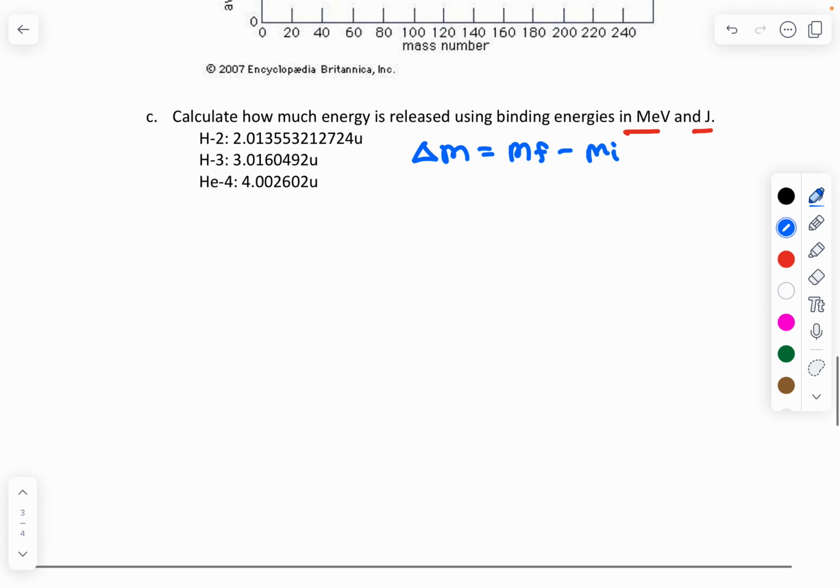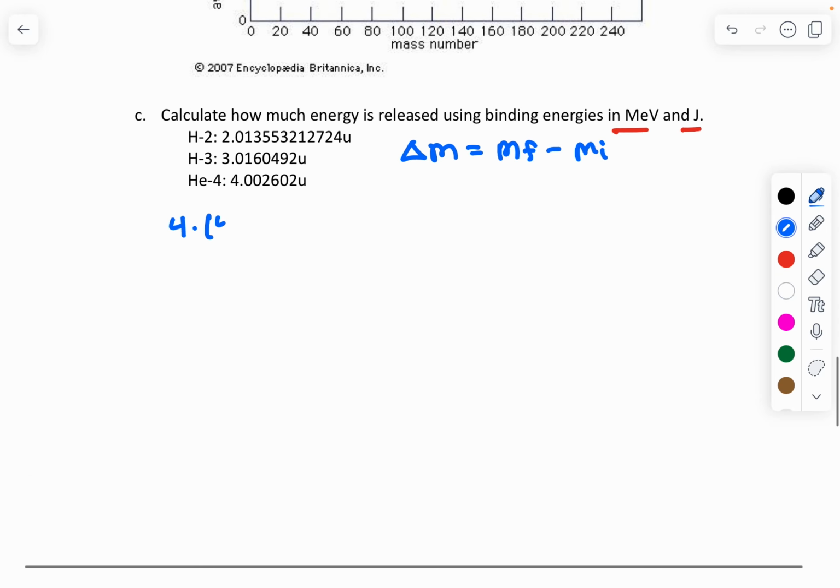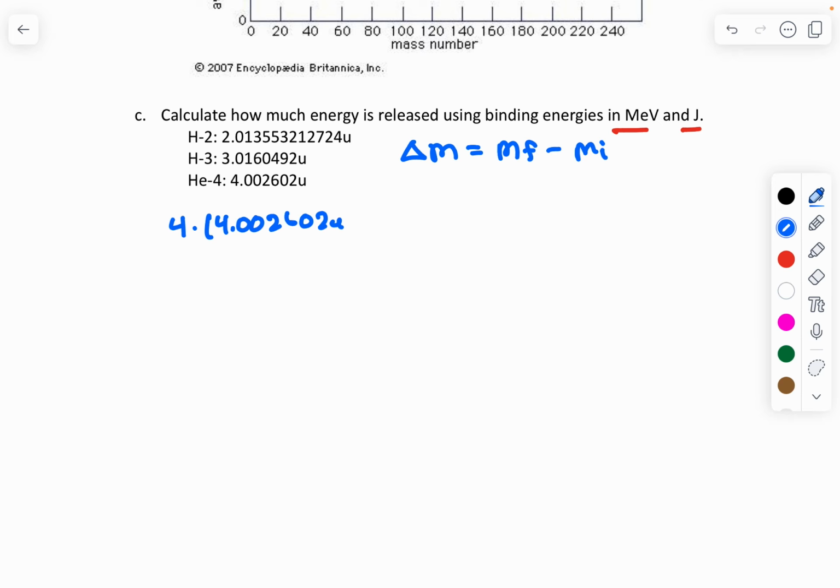What we want to do is take 4 and multiply it by 4.002602 U. That's this number right here. There's 4 of them plus 1 neutron.